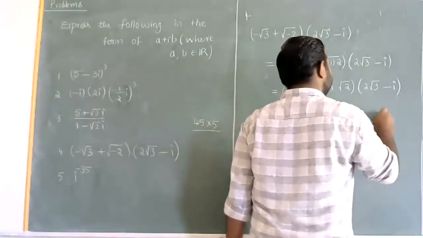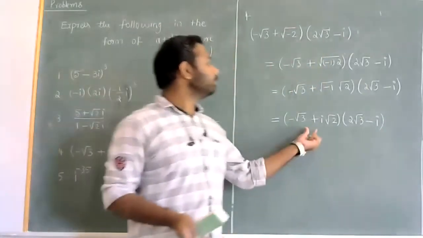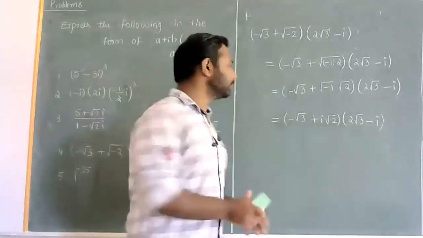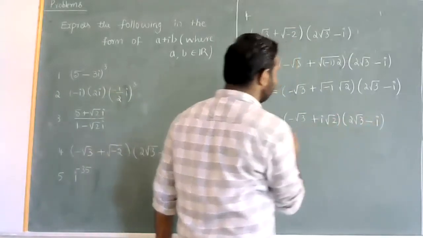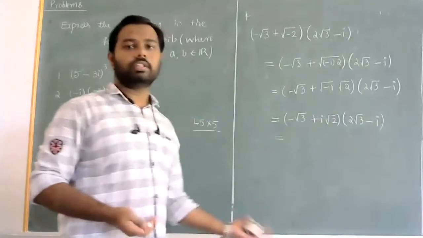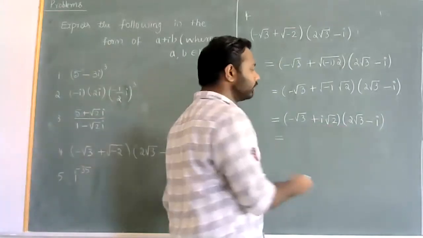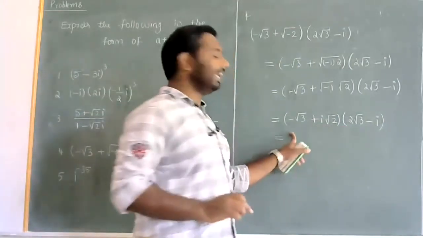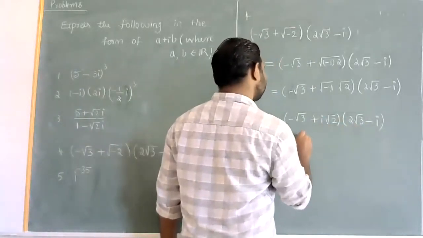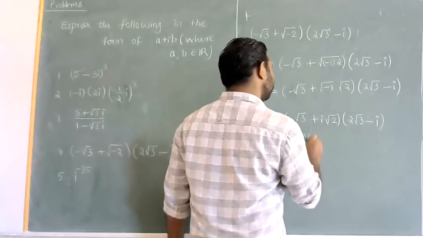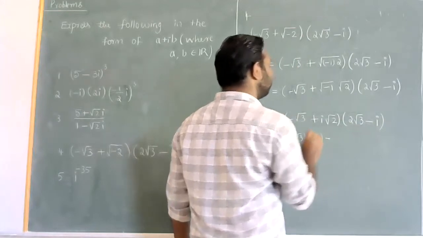Now we have a product of two complex numbers. It is of the form A plus iB into C plus iD. So just follow the multiplication process. It is AC minus BD. AC, so minus root 3 into 2 root 3, minus BD.